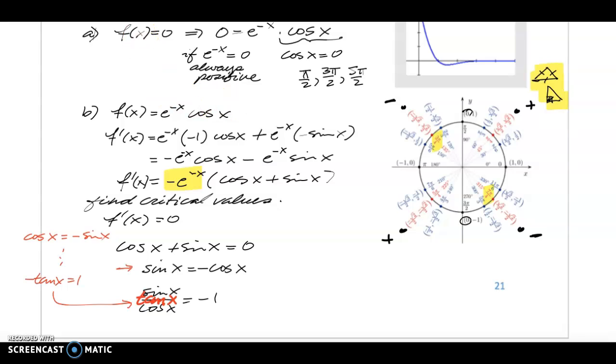And this is where a very important property called CAST comes in. You remember? Cosine here is positive. All are positive. Sine is positive. Tangent is positive. Now that's easy. If tangent here is positive, and each one of these is going to be positive, this tangent is also going to be positive.